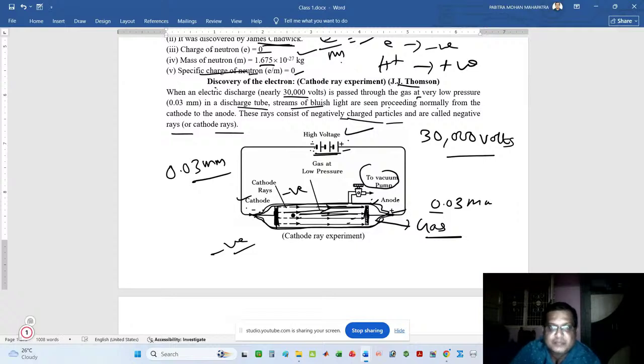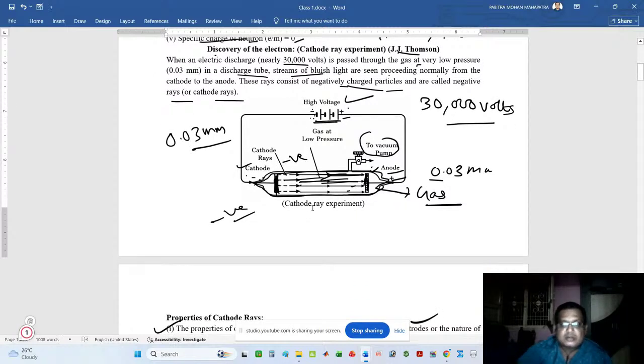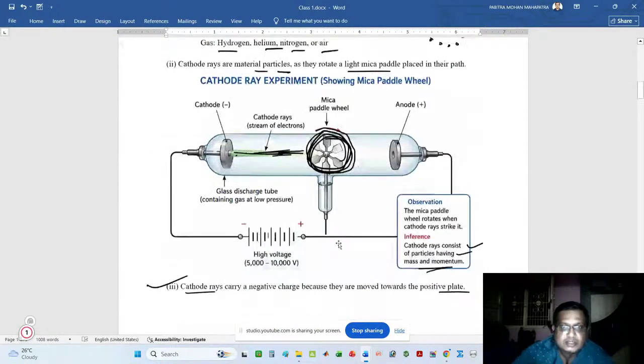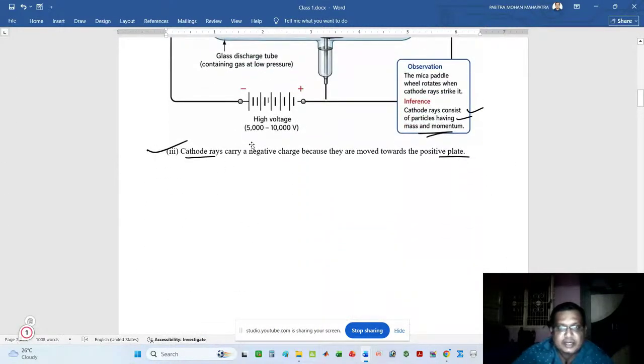The ray must be negative, otherwise it cannot move towards the anode. Since the anode is positive, the ray must be negative. Otherwise, the ray will not come towards the anode. So here I can say that cathode rays carry a negative charge because they move towards the positive plate.